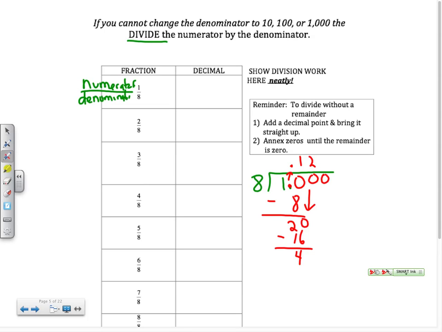Add another 0 to get rid of that remainder. 8 goes into 40 5 times. And 8 times 5 is 40. So my fraction decimal equivalent, 1/8, is exactly the same as 0.125.